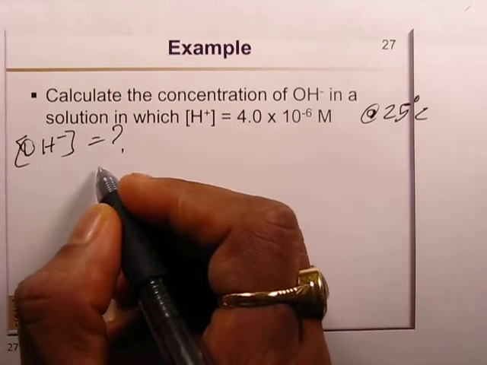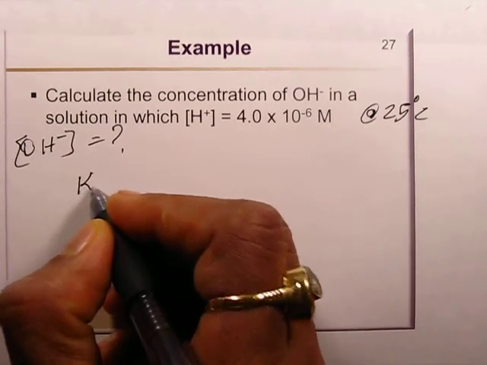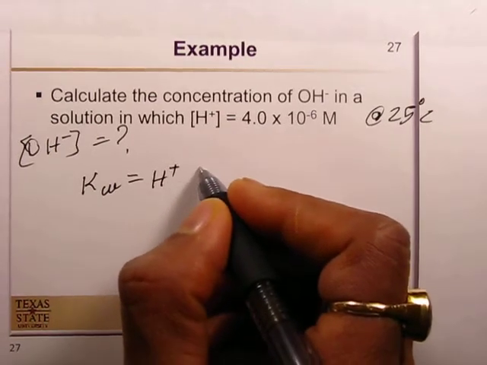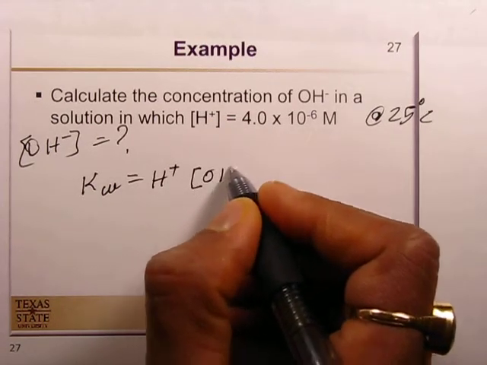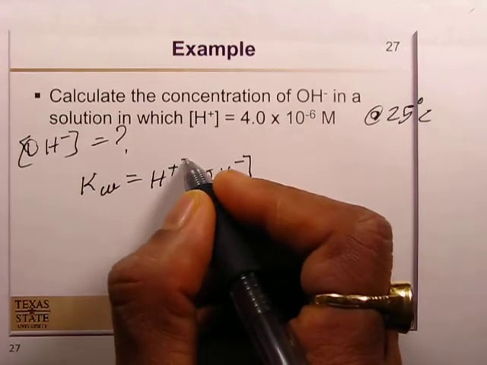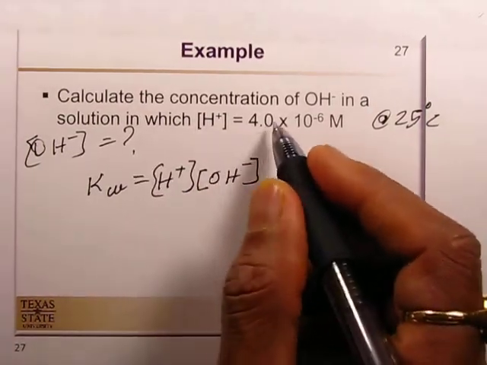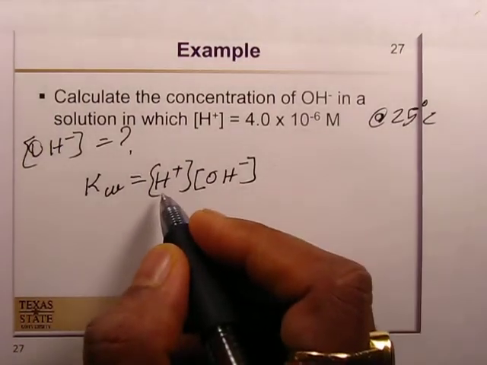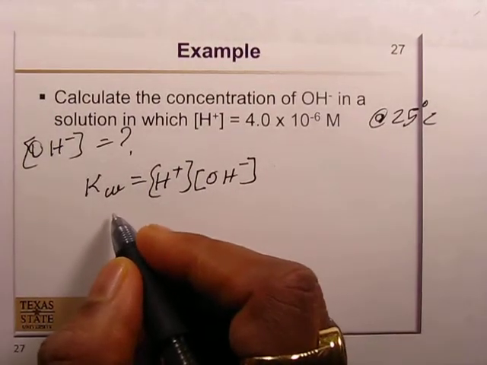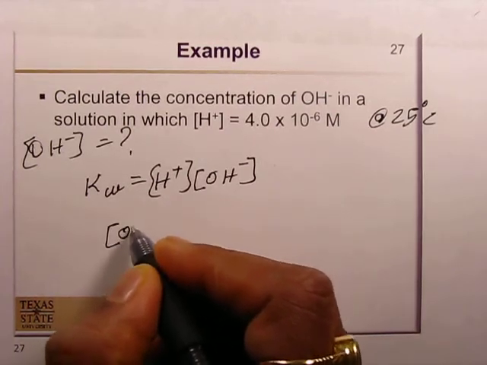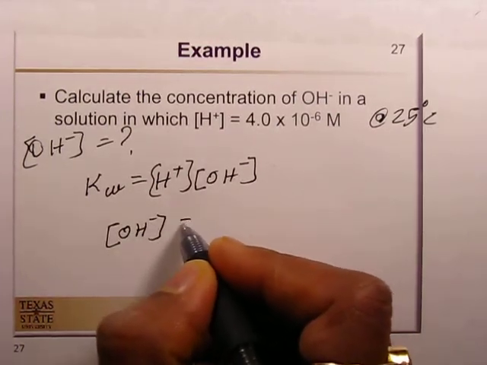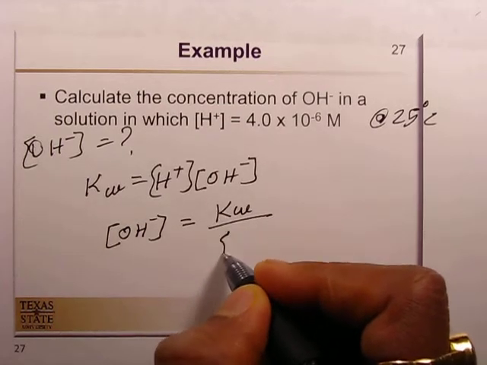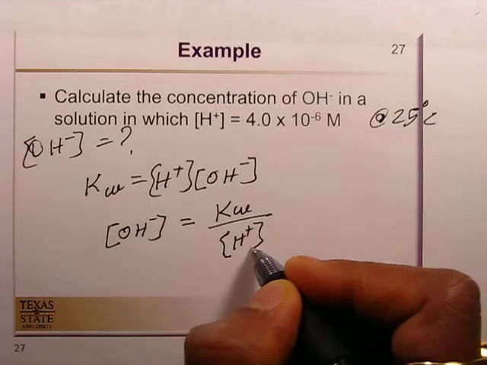And at 25 degrees Celsius we know that Kw is equal to hydrogen ion concentration times hydroxyl ion concentration, that would be 1.0 times 10 raised power minus 14. So from this equation, once we rearrange, OH minus will be Kw divided by hydrogen ion concentration.